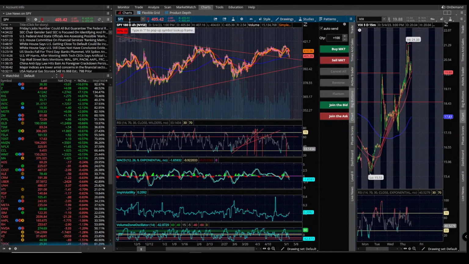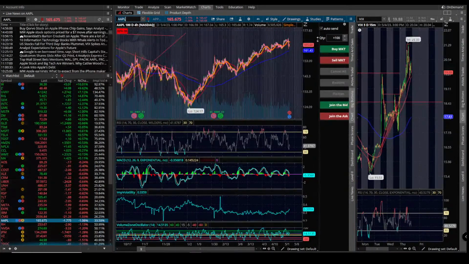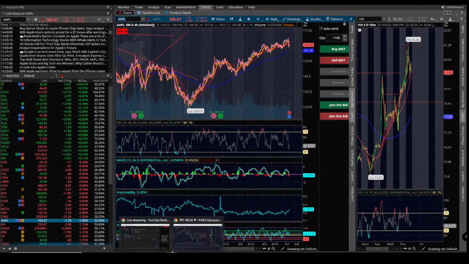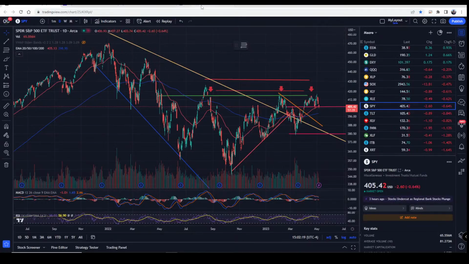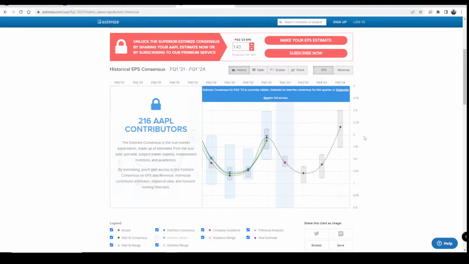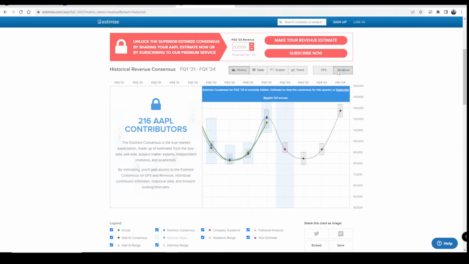So let's get right into what I'm looking at today. Actually, first, let's check out the consensus or the estimates. They're expected to come in around $1.43 tonight, which is a downward revision for the next 2 quarters, and revenues again are projected to be lower.